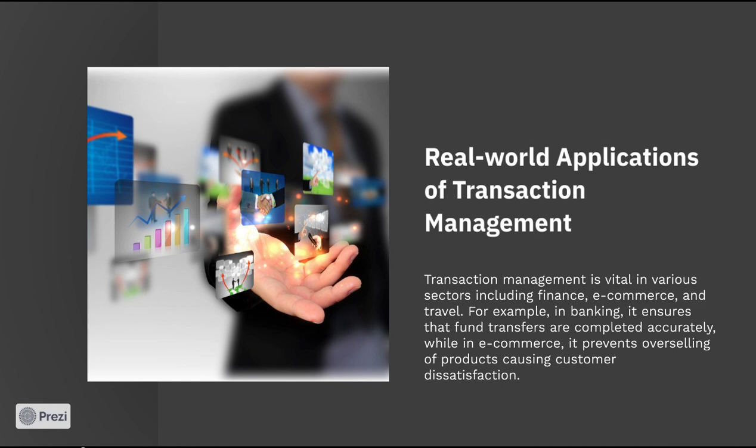Either your entire order goes through, the payment process, restaurant confirmation, delivery arranged, or none of it happens. In database language, a transaction is a sequence of operations performed as a single logical unit of work. For example, when you transfer money from one bank account to another, two main operations are affected: deduct money from the first account, add money to the second account.